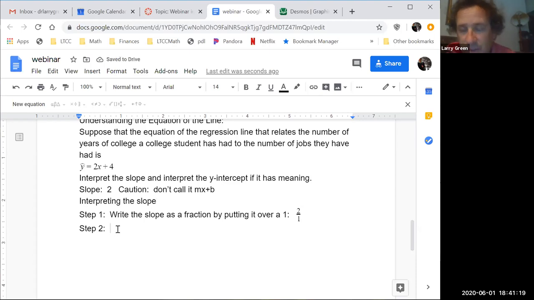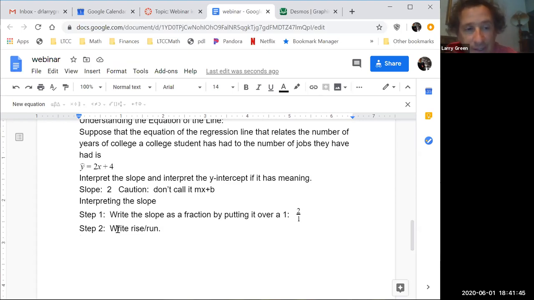Step 2, right? Rise over run. So nothing to do there. Just remember, slope is rise over run.